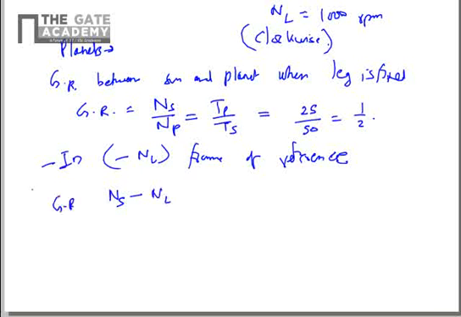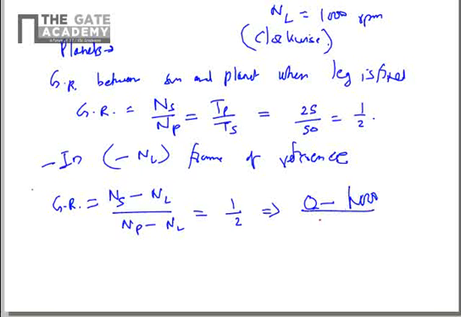So we will add minus NL to both quantities: ns minus NL by np minus NL is equal to the gear ratio, that is half. Now substitute the values. The sun velocity is 0, it is fixed. NL we know is positive 1000. NP we want to determine.